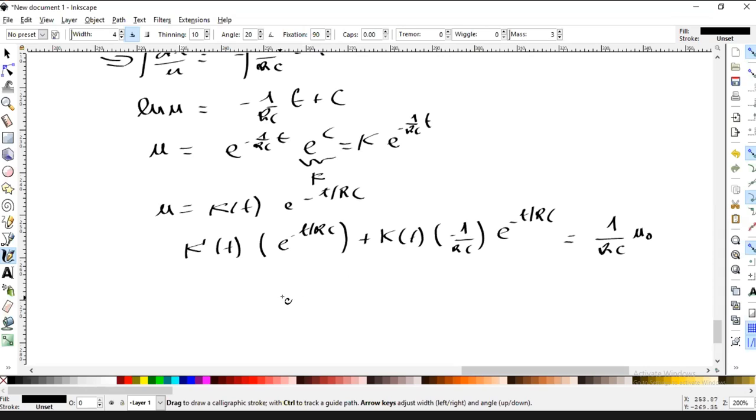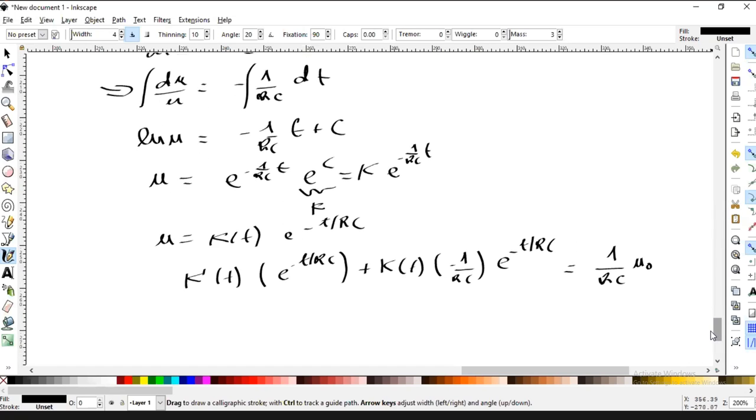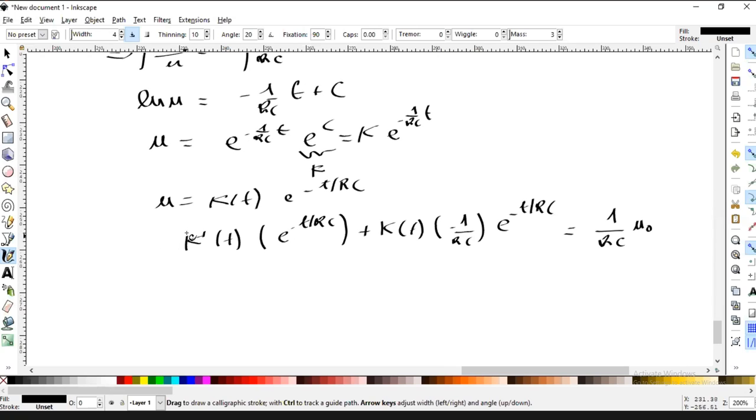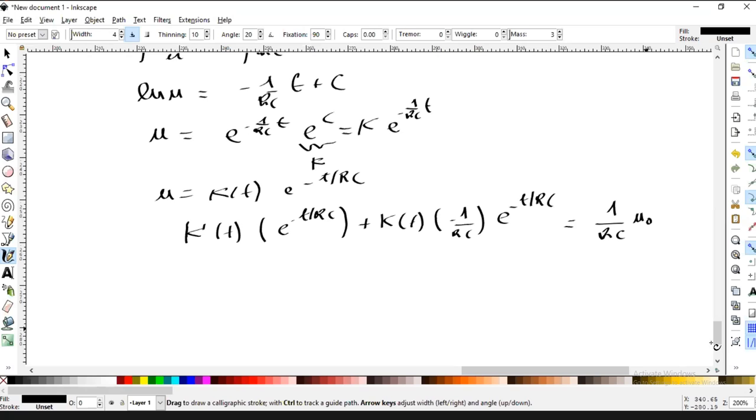Hey, that's another differential equation. Yeah, you will get another differential equation here. So I mean, the method of variation of constant is a little bit more complicated solution here.